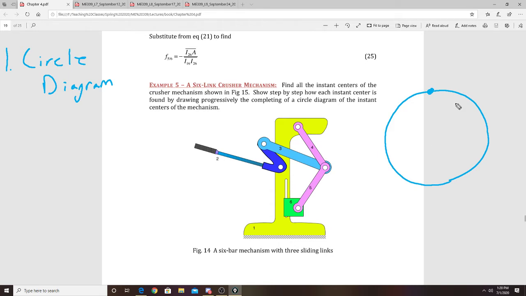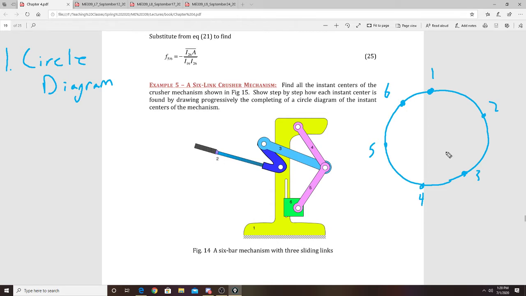So we must do that. So I'm going to put 1 here, 1 here. All right, so 1, 2, 3, 4, 5, and 6. So this is our circle diagram for this question.